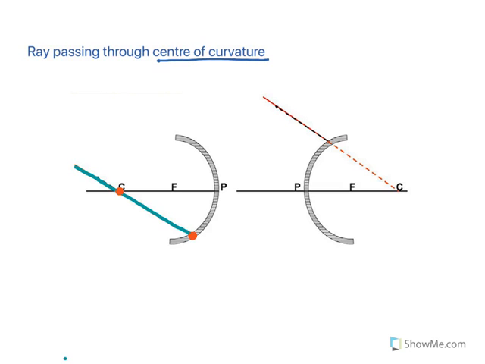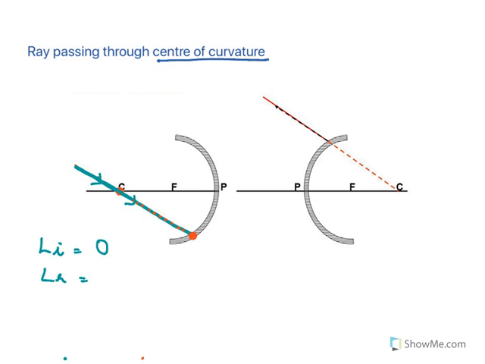So a ray passing through the center of curvature is going along the normal. This is the normal. Now in this case, the angle of incidence will be 0 and the angle of reflection should also be 0. So the ray that comes in will retrace its path. It will go back the same way.